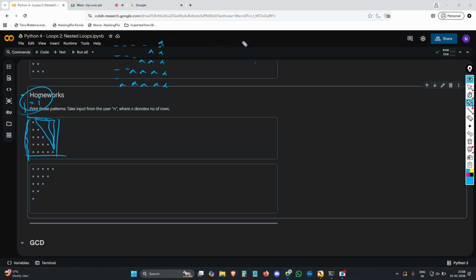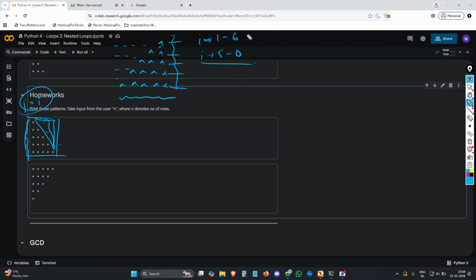Now, let's try to think in a way that we might come up with. We have to think in a way that, okay, how should I get this? So this is anyway 5 rows, like this was, right? So there are two ways I can run: either from 1 to 6 or 5 to 0, right?